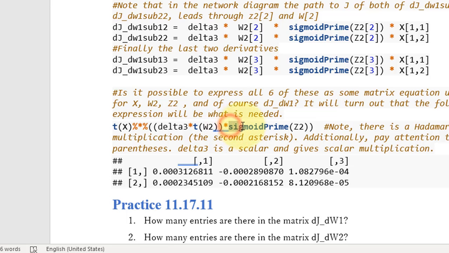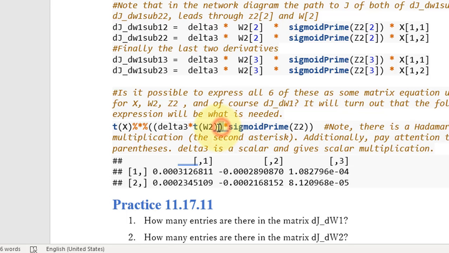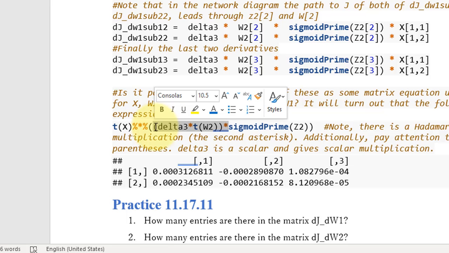Now notice this bracket here and this bracket here. So that means we're doing everything inside of those brackets first before we do this. So again, you should confirm that what's from here to here has the same dimensions as this.